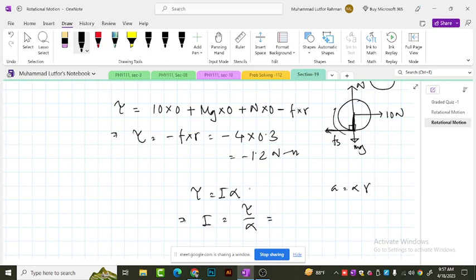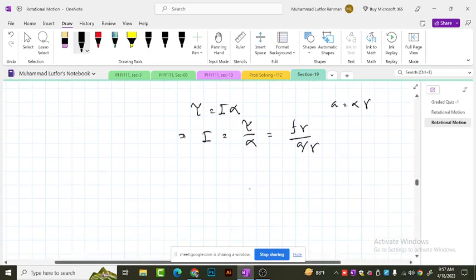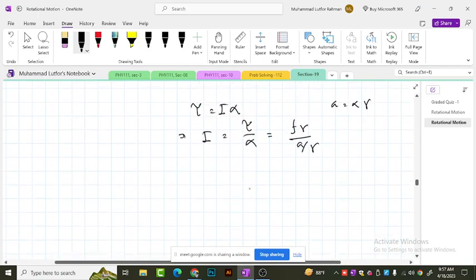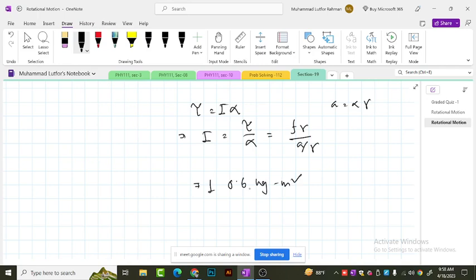I take the magnitude of the torque, it's negative, meaning the direction it will take. So if you write F into r, and alpha should be a by r, then if you plug in those values you will find the moment of inertia for this system is 0.6 kg meter square. That should be the moment of inertia for this wheel of the car.